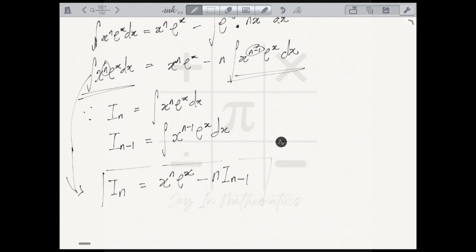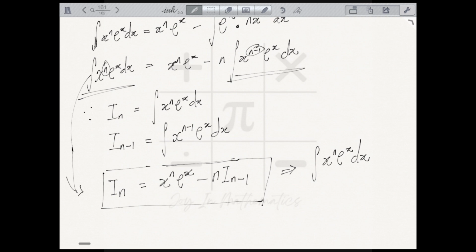Now this formula here is called the reduction formula for the integral of x raised to the power n exponential x dx.